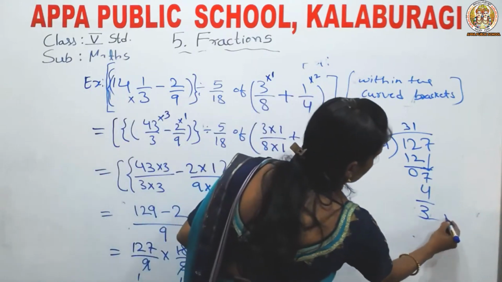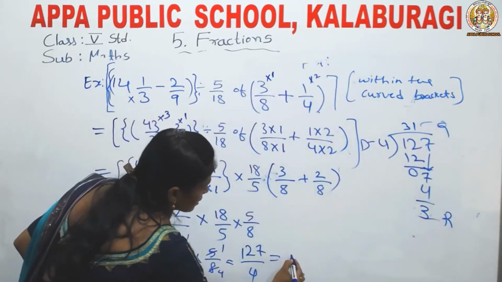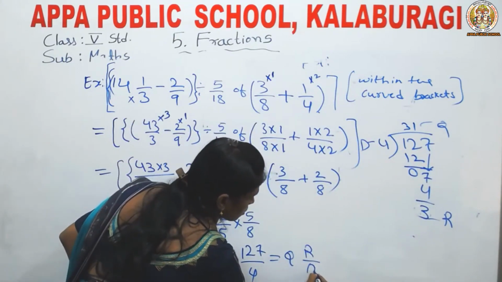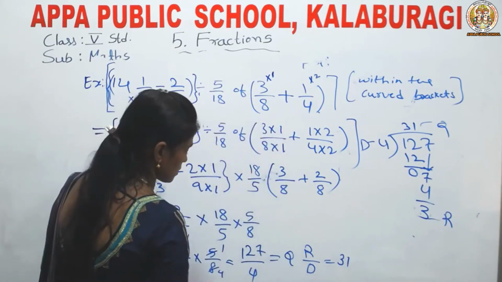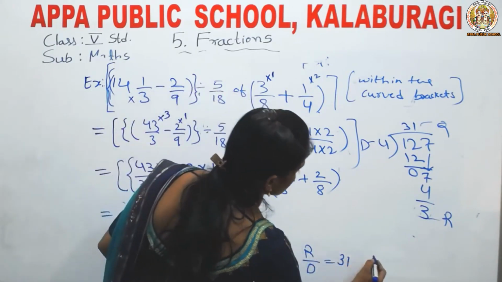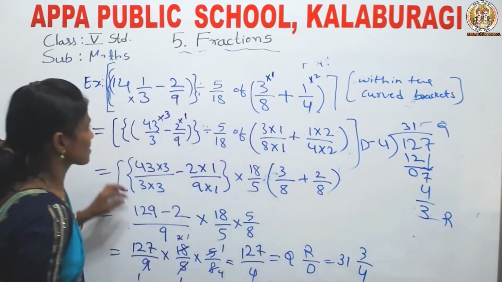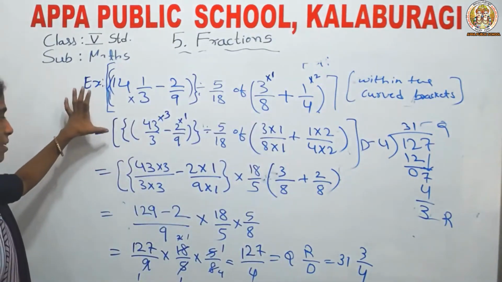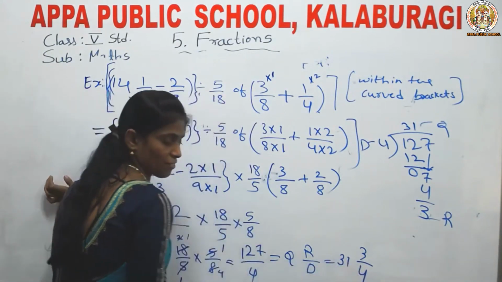This is the remainder, this is the quotient, and this is the divisor. Write in QRD form. Q means which number is there? 31. And R means 3 and D means 4. This is how the Bodmas rule is used in simplifying this problem. That is the mixed fraction 31 and 3 by 4.